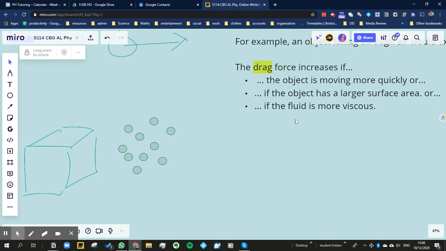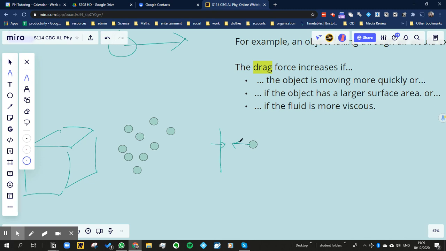So the drag force, this resistive force, is all down to having to push these particles out of the way. When you get all the way down to it, you have essentially one of these air particles here, moving towards you like that, and the wall of this container, or whatever it is, moving that direction to the right.